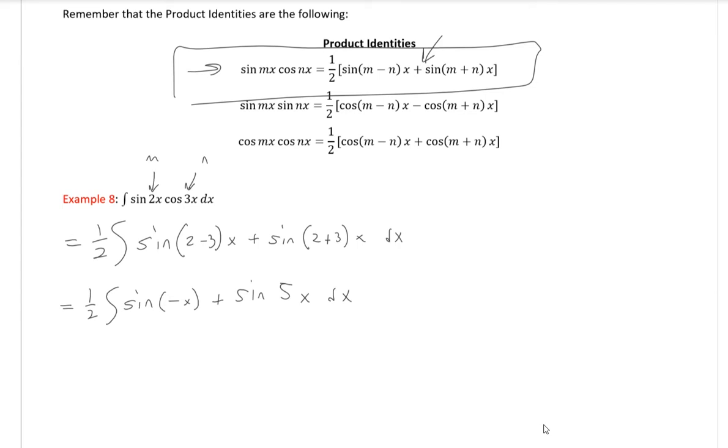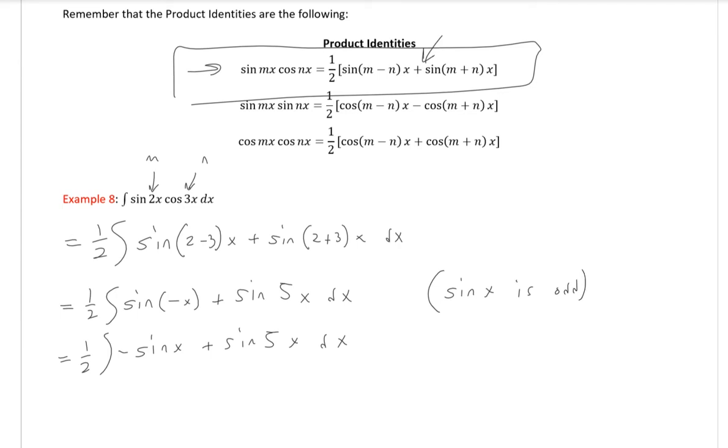So I just have two simple sine functions added together, which I should be able to add. Now, because sine is an odd function, what I'm actually going to do is pull that negative 1 out of here. So I just have negative sine x plus sine of 5x dx. And again, this is because sine of x is odd.